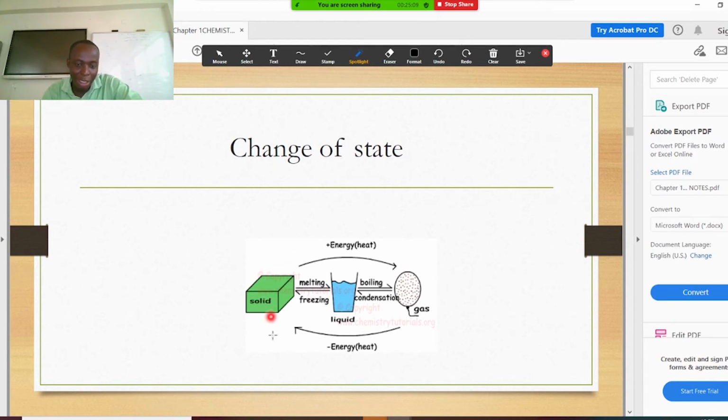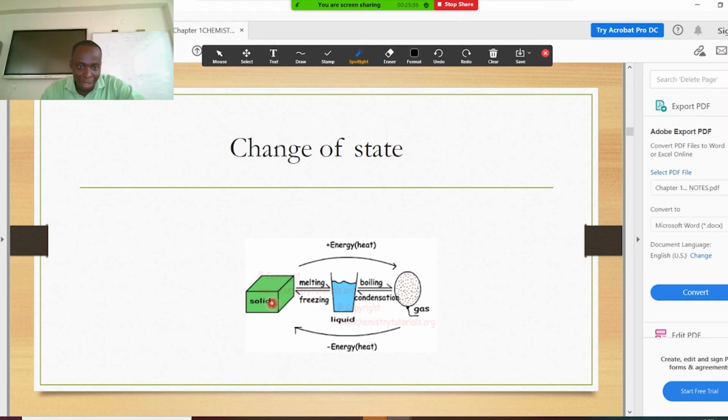Is that okay? They will gain energy. And because of the gain in energy, it's going to lead to a change in state. I will look at this in details in our subsequent videos, where we'll look at how the change in temperature affects the change in the state of matter. So kindly take note of that.